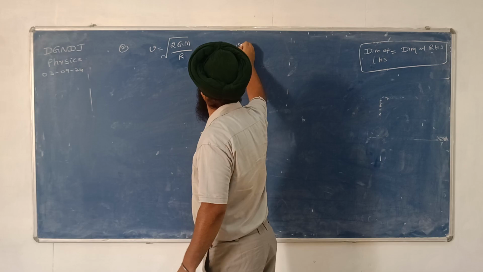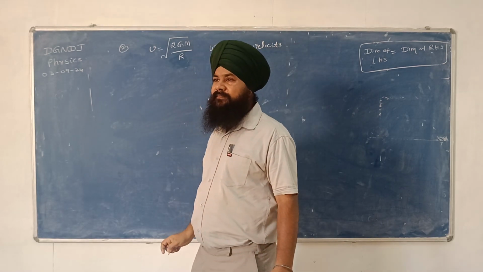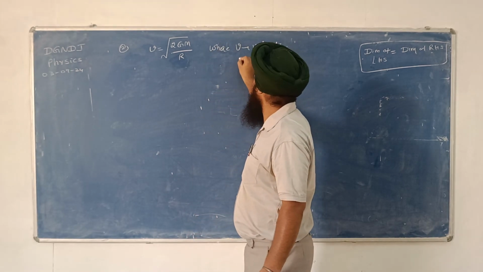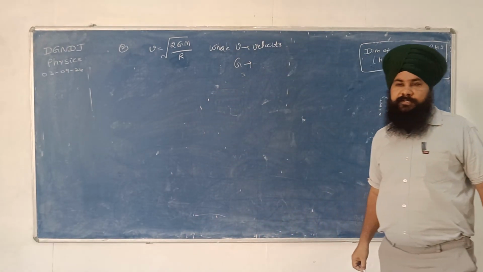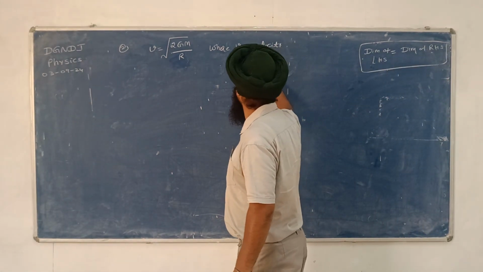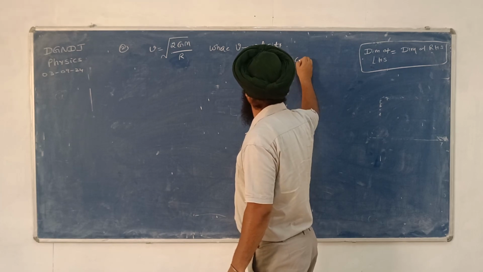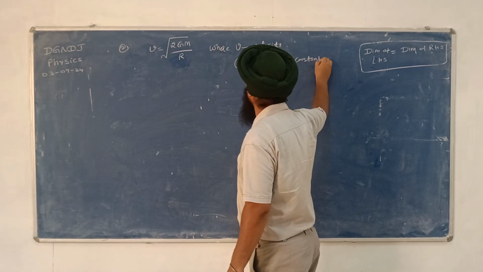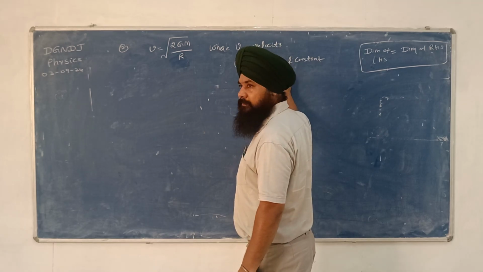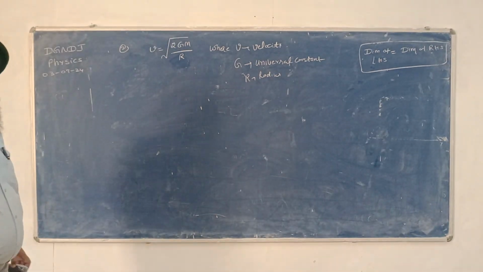This V is velocity. G is called universal constant. R is called radius.